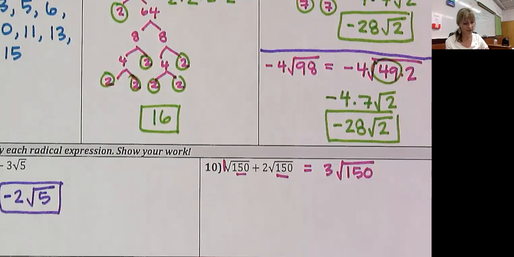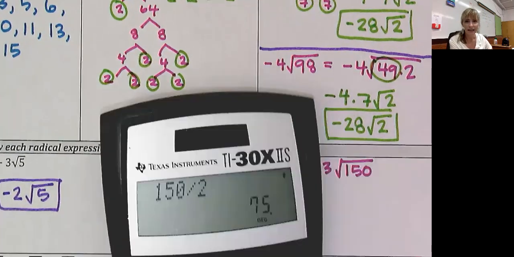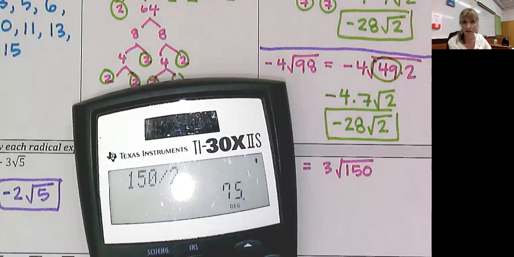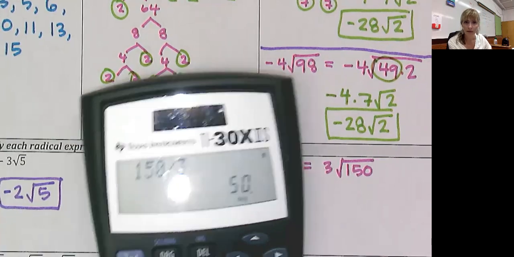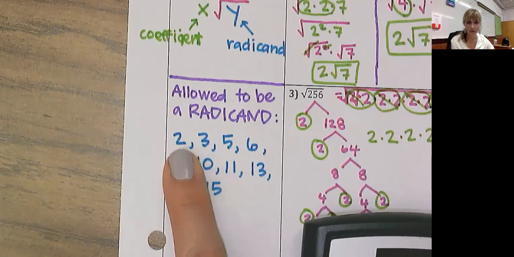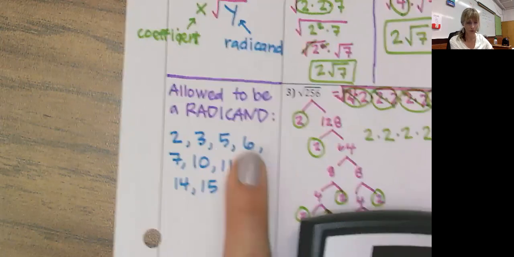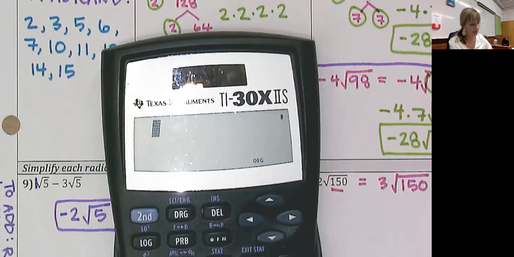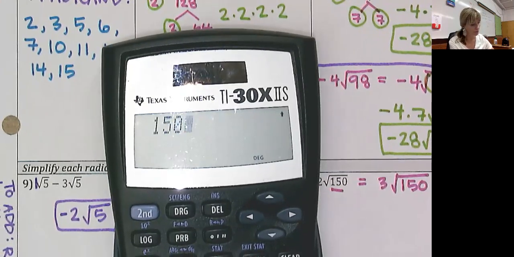Here I go, 150 divided by 2 is 75. Look at the top of your paper. Is 75 a perfect square? No, it's not. Okay, let's try 150 divided by 3. Is 50 a perfect square? No, it's not. Let's try, I'm going through this list right here, dividing by 2, 3, 5, 6. I'm going to skip 4. I did 2 and 3.